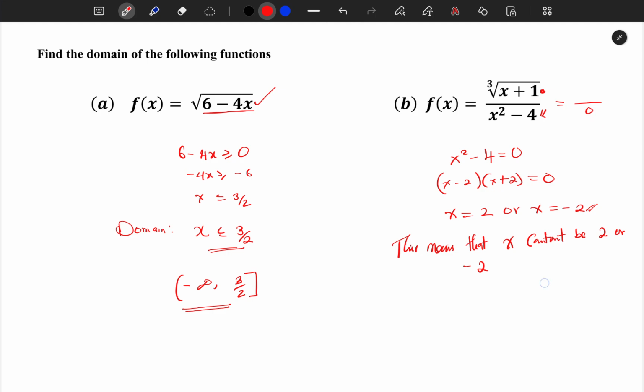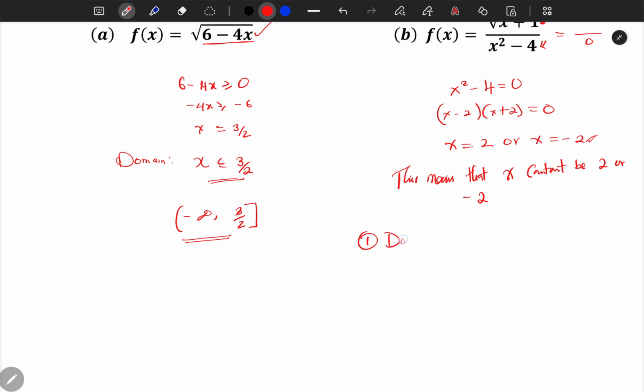So there are two ways you can report this. The first is that in your real number line, we can subtract negative 2 and 2.